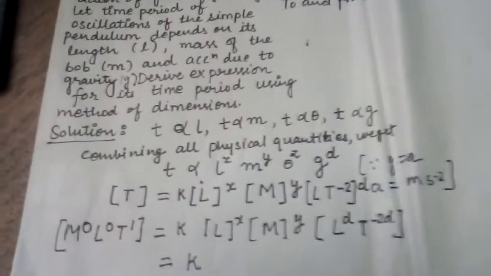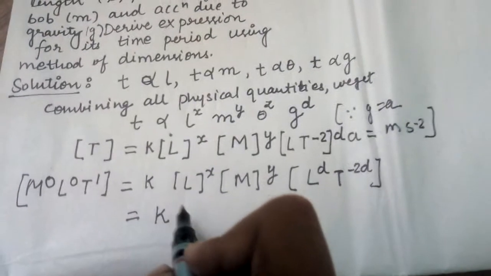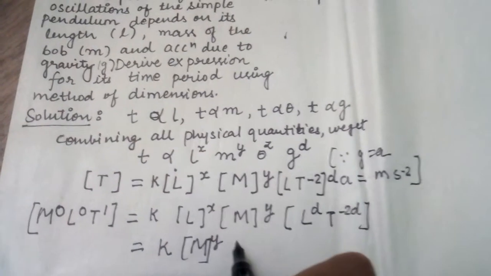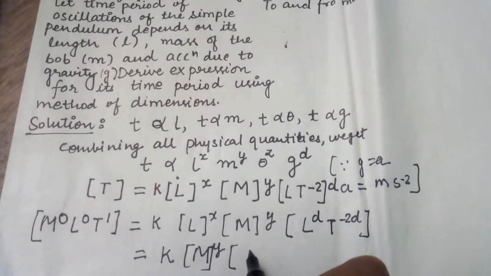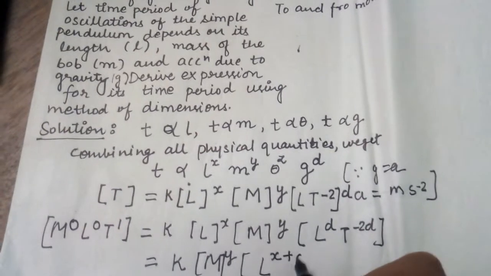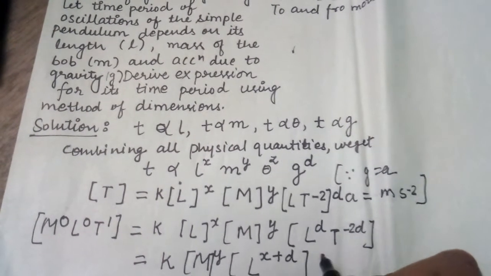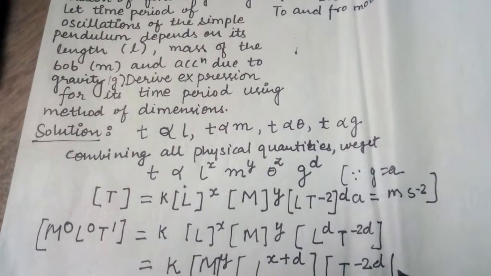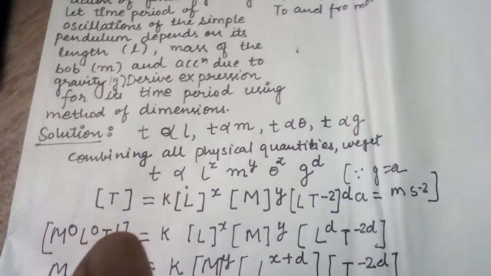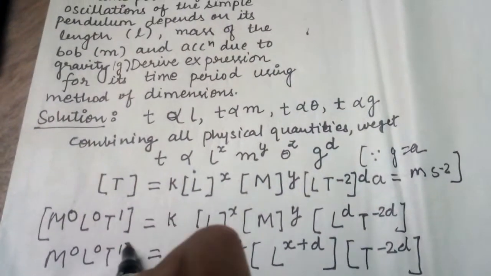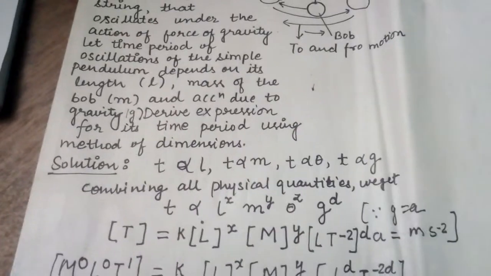So now M becomes M having power y, and L having power x plus d, and T having power minus 2d. So we are just going to compare our equation, this dimension we are going to compare.